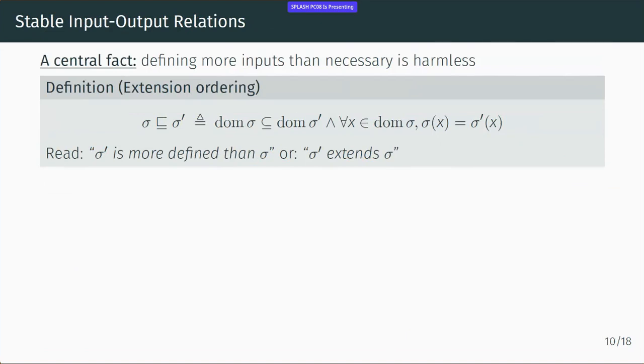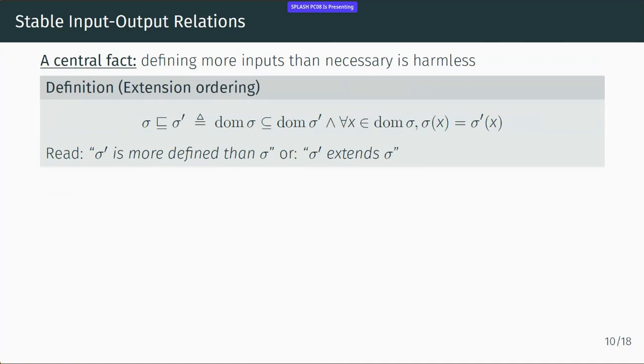In the title, there was the word stable. So what is this thing? It comes from the very simple remark that if you provide more inputs than a program needs, it doesn't matter at all. It won't change the results.